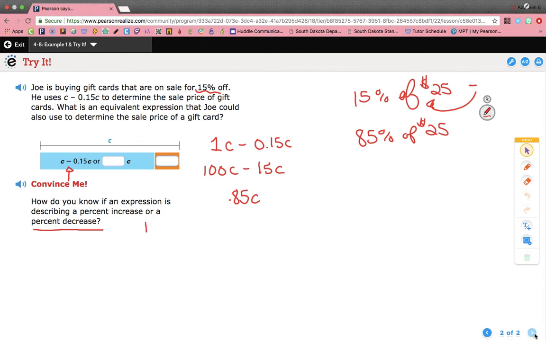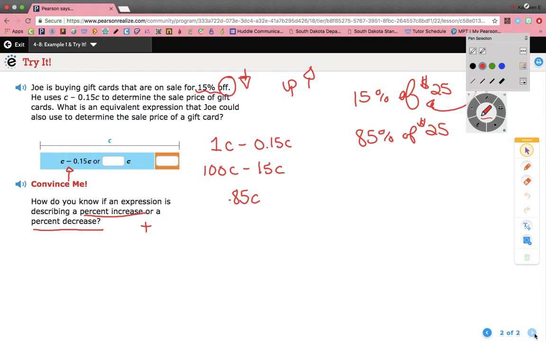A plus sign is going to be an increase. Or just think about it. Off is another keyword. That means decrease. Mark up would mean increase. Okay, that's how we know. Because we've talked about all this before and you showed mastery and we all remember it from when we did it the first time.